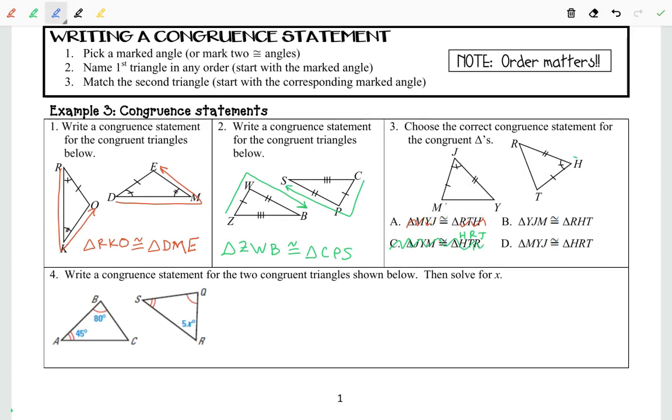So MYJ is blank, then 2 side. So blank, then 2 tick mark side, which would be TRH. That's not what's there. So let's hope the last one that we need to check works out.